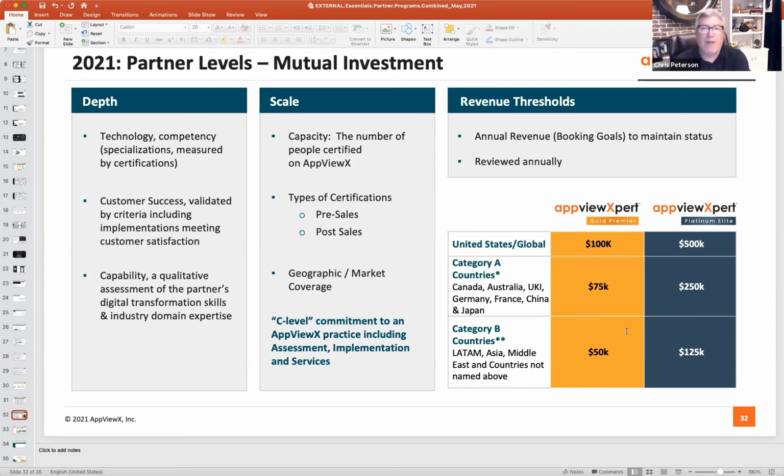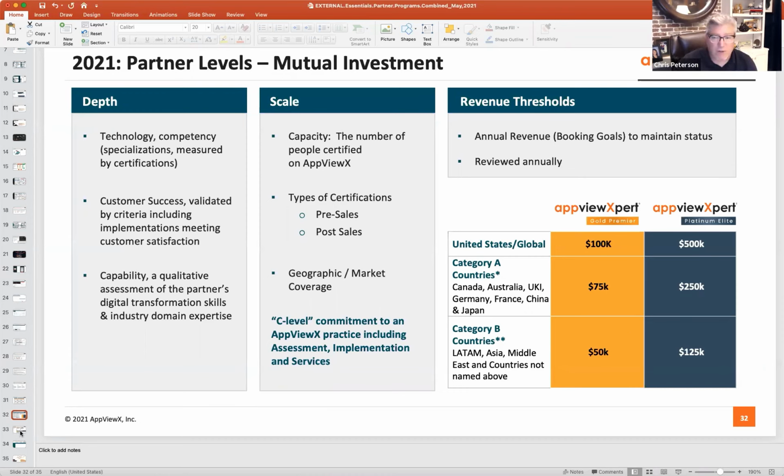But I didn't want to make revenue the primary driver for working your way up from silver to gold to platinum. What we really value is your depth, technology competency, getting people certified, your scale, number of people certified on AppViewX, the territory you cover, and the types of certifications you have.